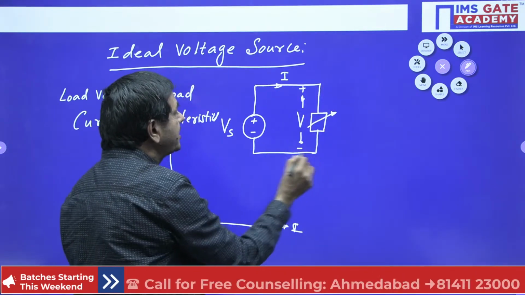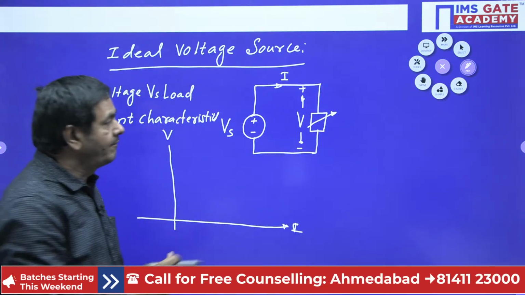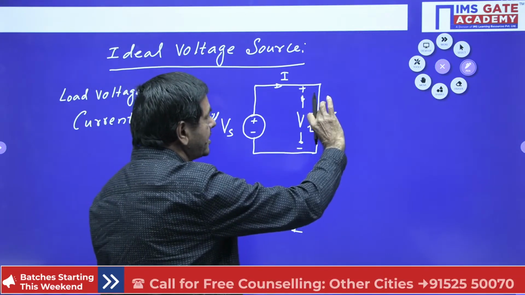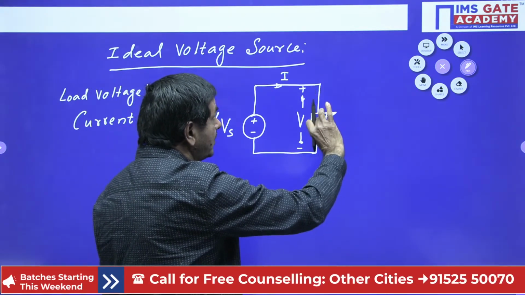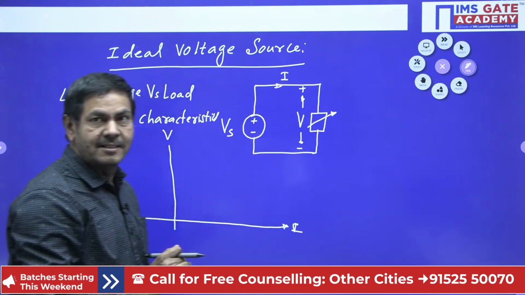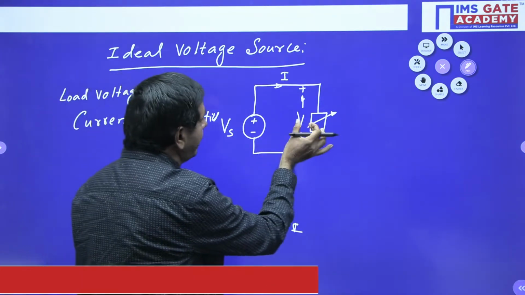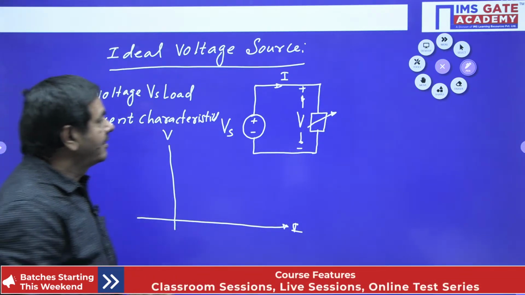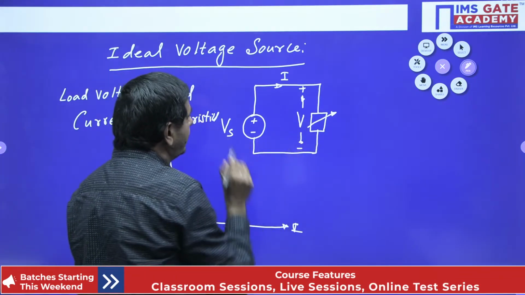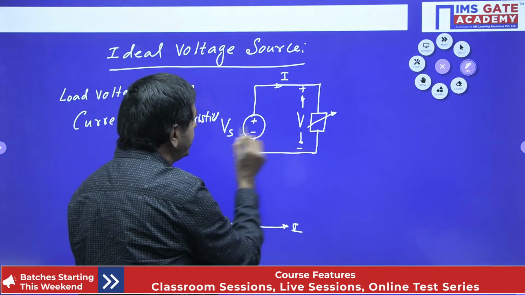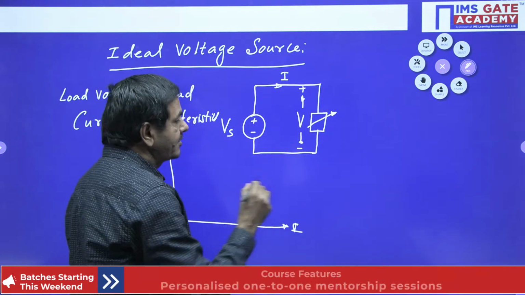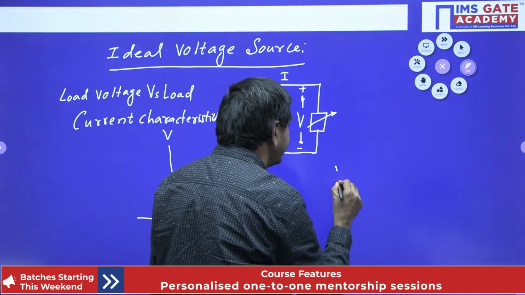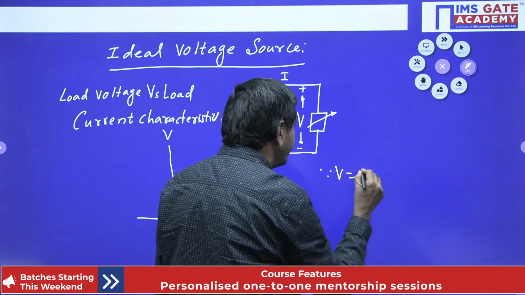Load current is going to change. Whenever you change the load, current also changes. But will the voltage change in this network? Voltage will not change. That voltage is going to remain the same. V and Vs are going to be the same. That's why for an ideal case, we can say V equals Vs.